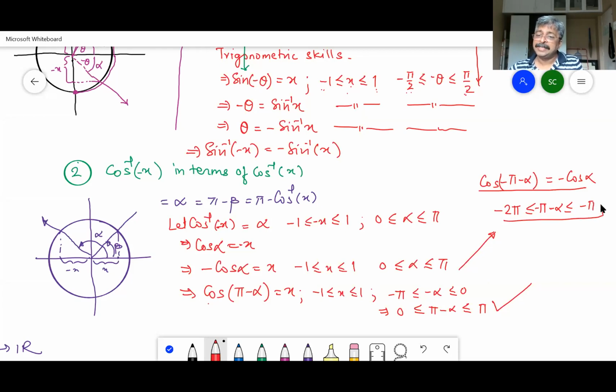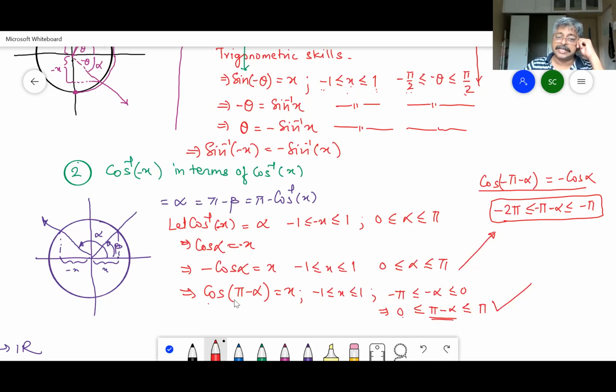This is useless because this is not our range of cos inverse. So there will be only one trigonometric correction which will bring your required angle in the required range.